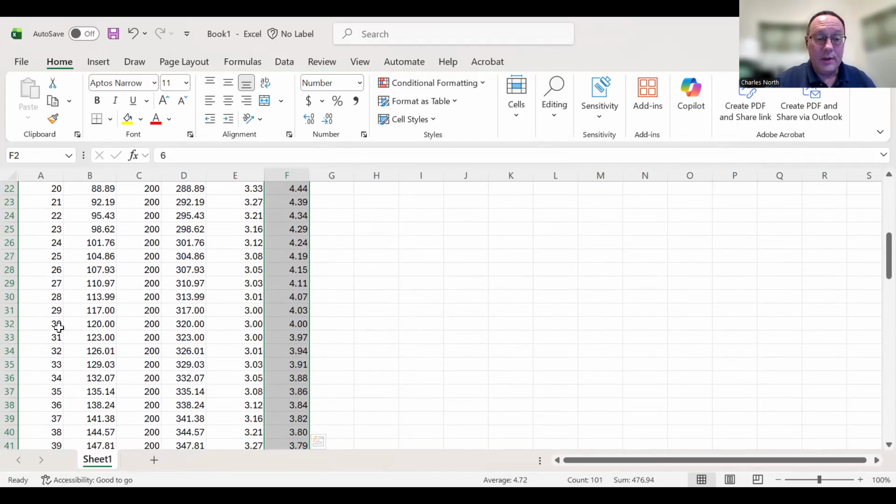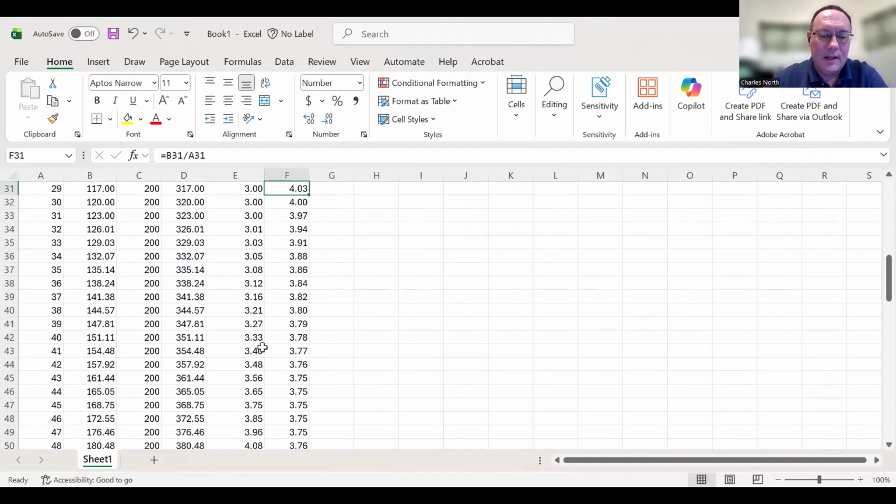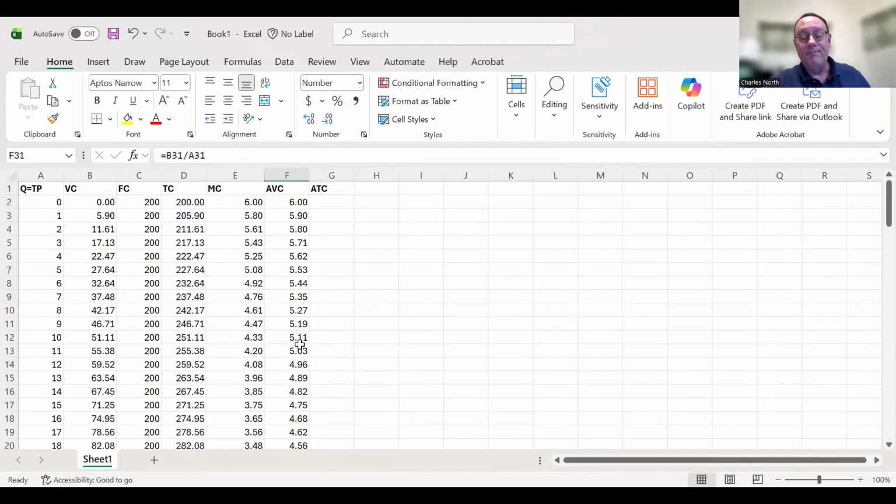So around 30 units, we see the bottom of the marginal cost curve and it starts going back up. You can see the average continues to fall until we get to where their marginal cost is equal to 375, and the average variable cost curve bottoms out and starts going back up. So the U shape on the AVC is min point where marginal cost crosses it.